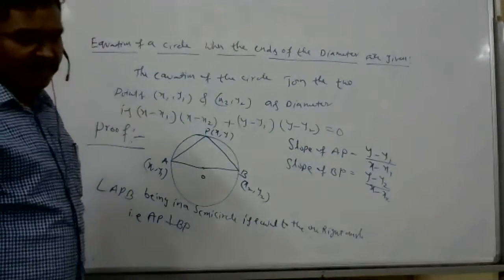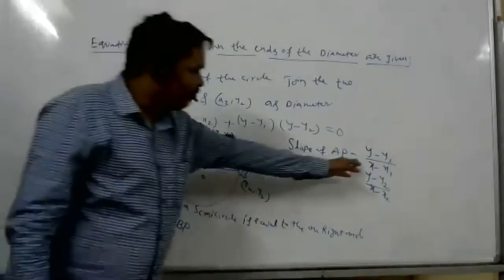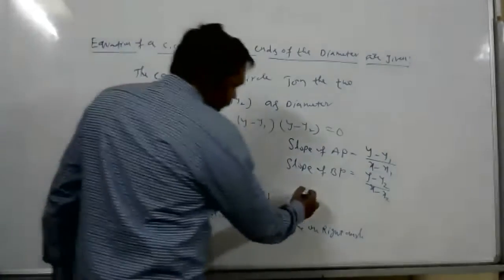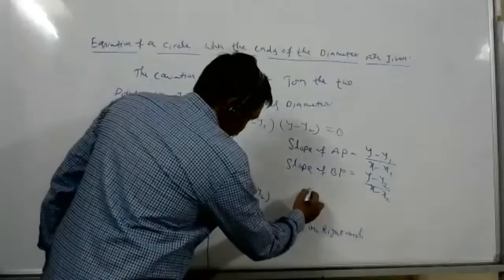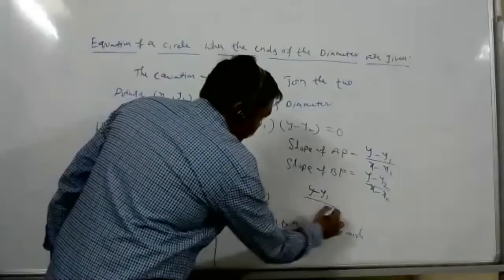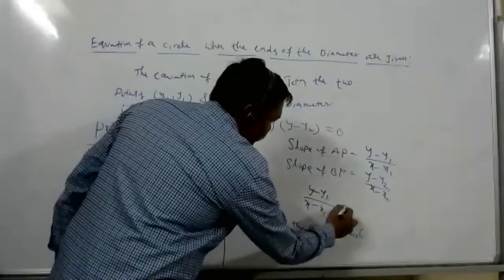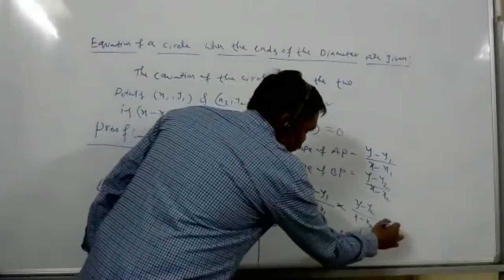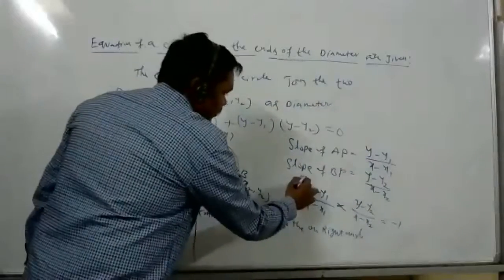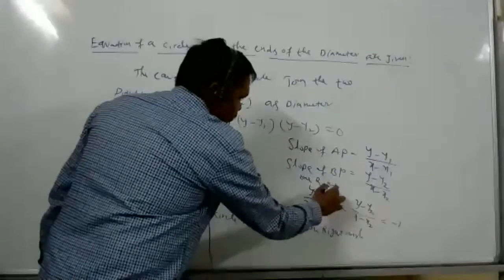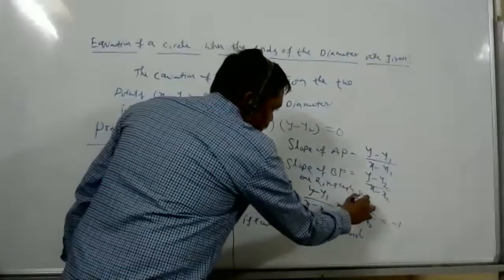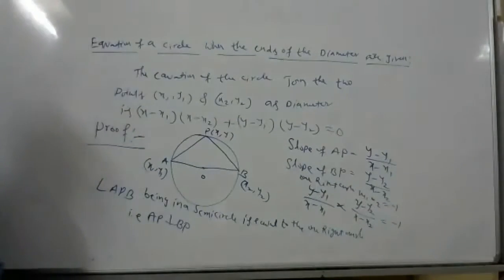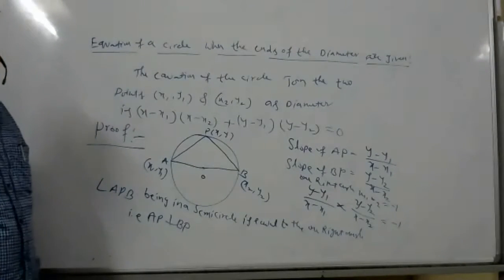So y minus y1 upon x minus x1 into y minus y2 upon x minus x2 is equal to minus 1.